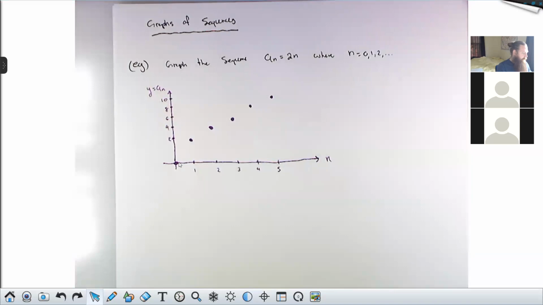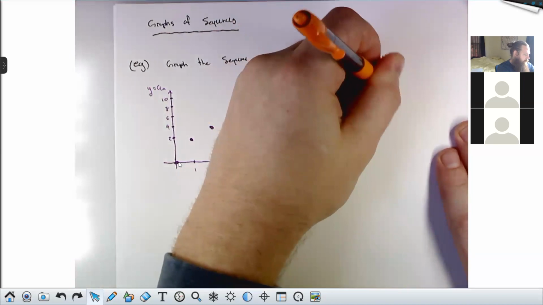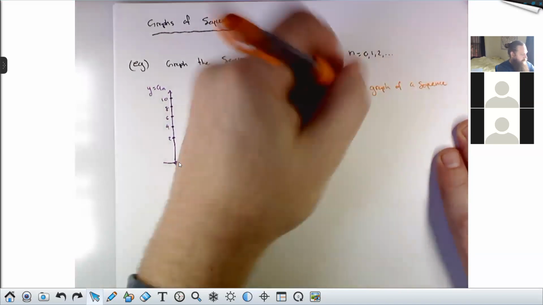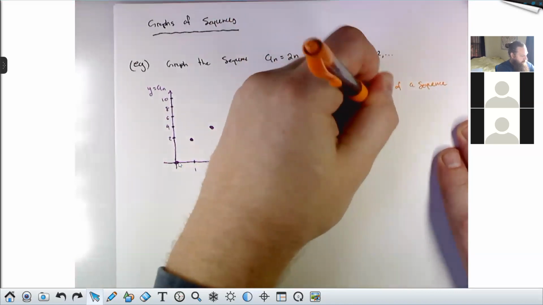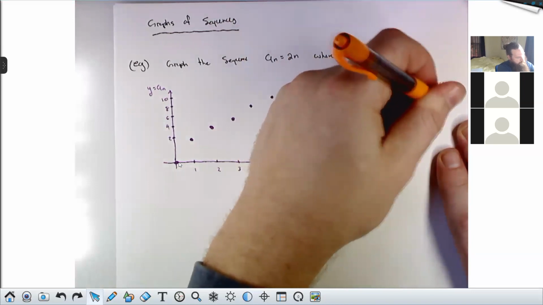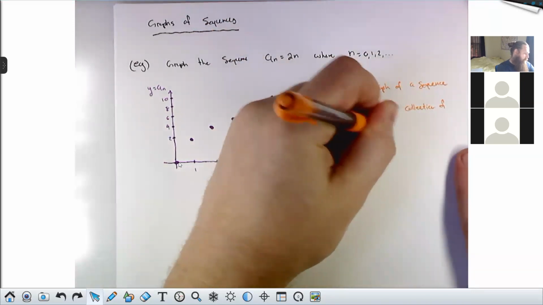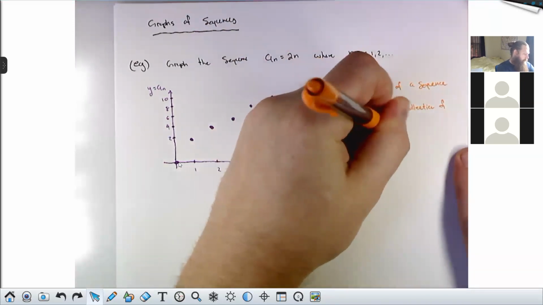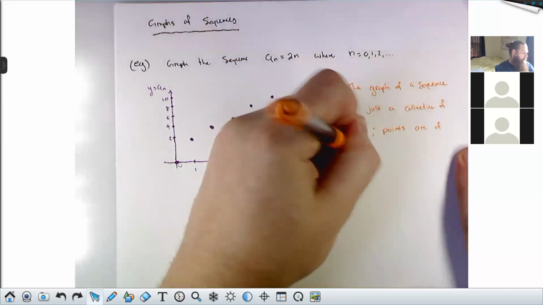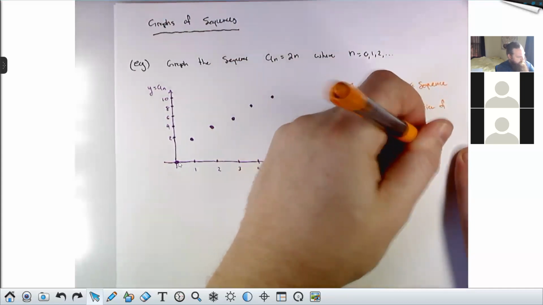In other words, the graph of a sequence is just a collection of dots. Points are of the form n, comma, a_n.